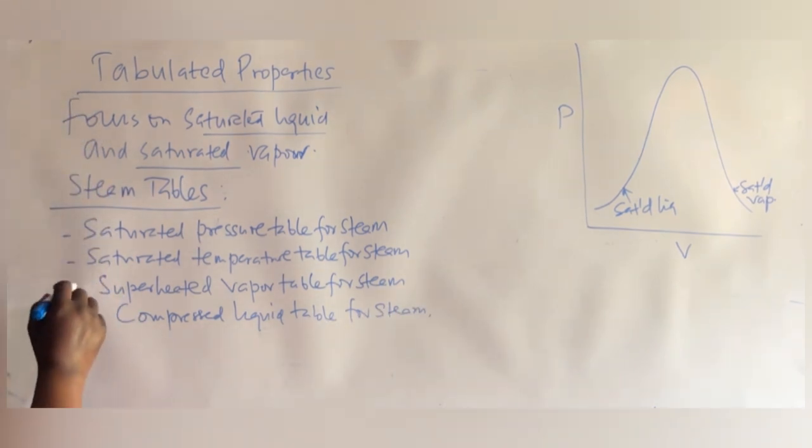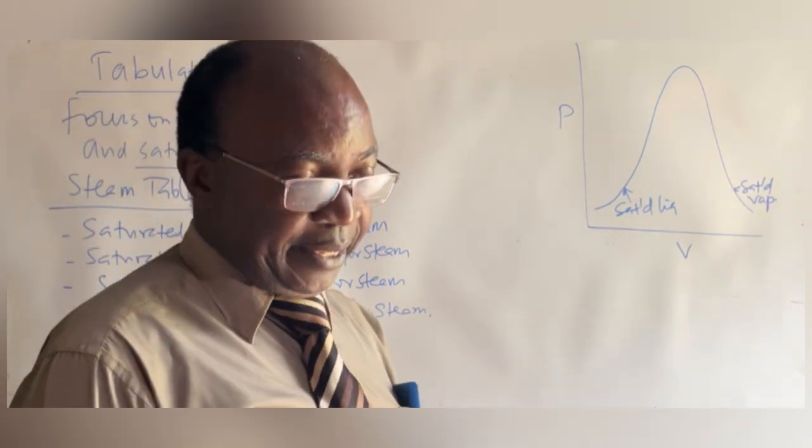So these are quantities which you are going to get in the steam tables, and they are very important.